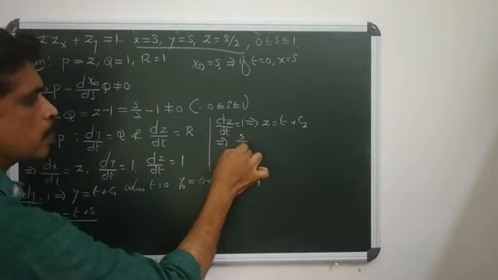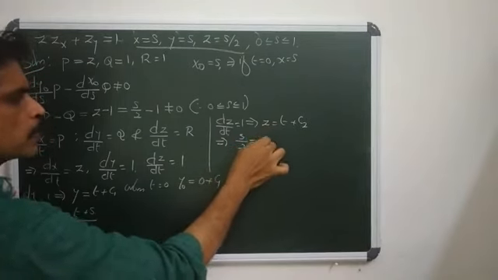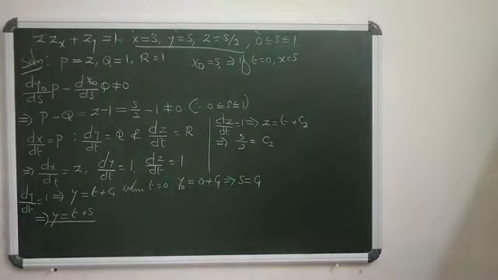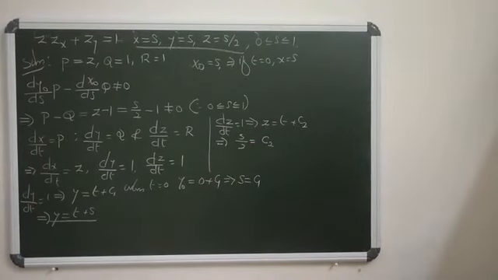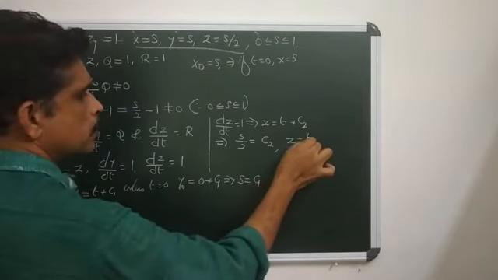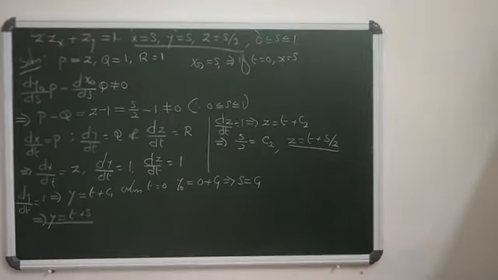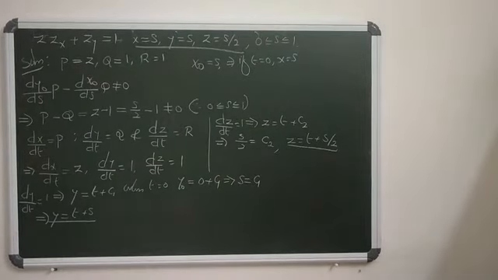So s by 2 equals 0 plus c2. So c2 equals s by 2. So what is z? Z equals t plus s by 2.